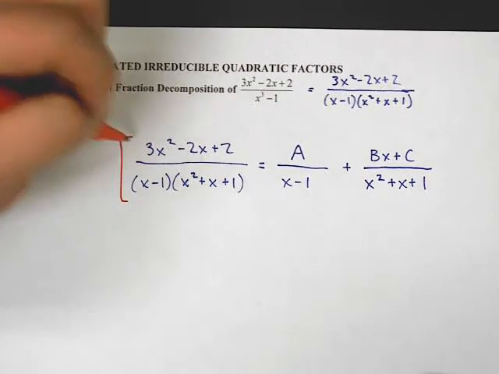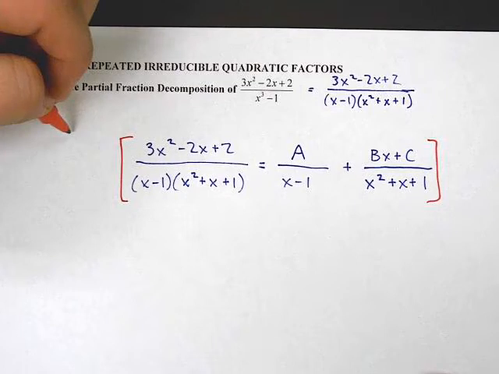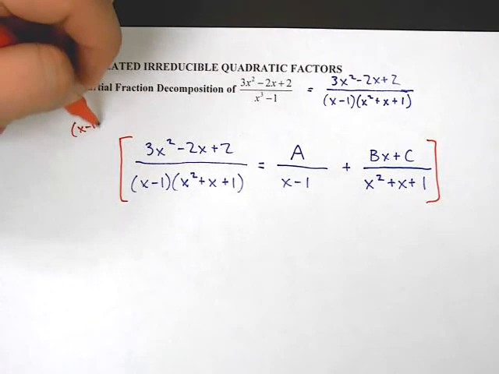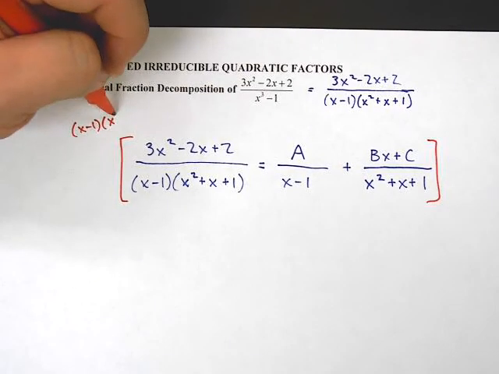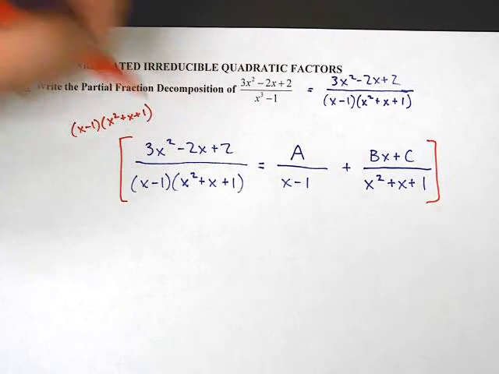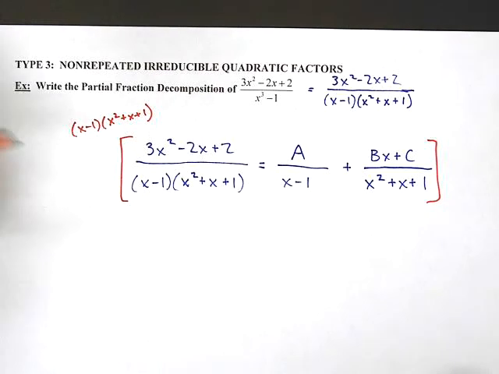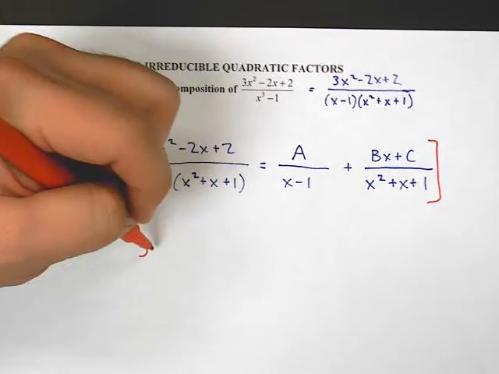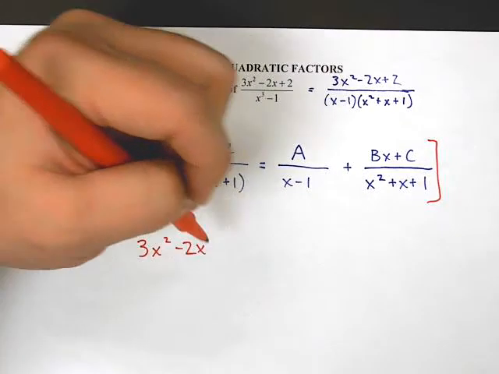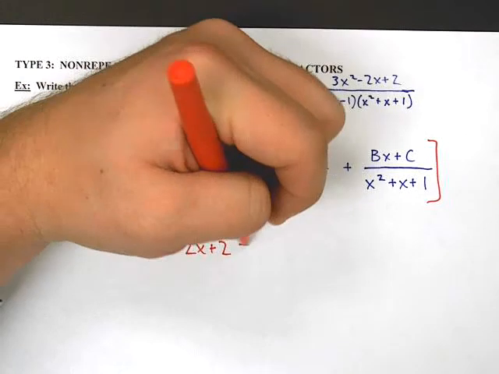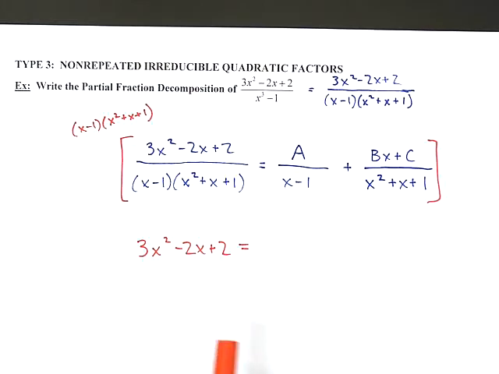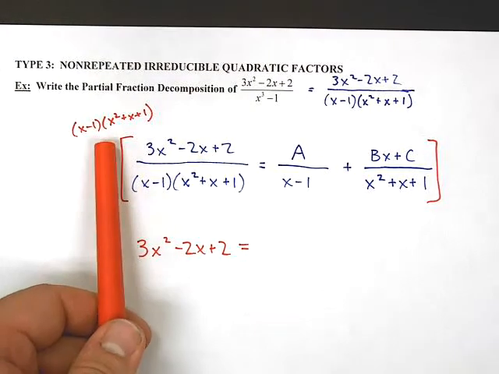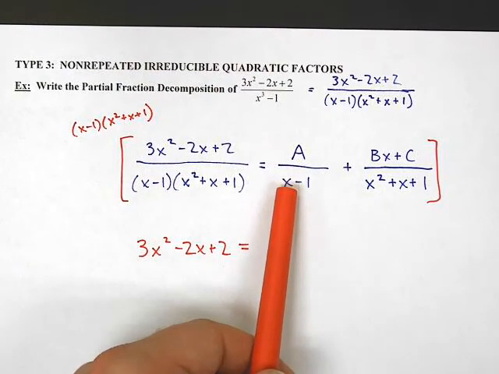Alright, I'm going to multiply absolutely everything by my denominator because I need denominators to cancel. And when I do that, I should just be left with this numerator because this completely cancels each other out. Let's see what happens. When I multiply this denominator by this piece, what cancels?